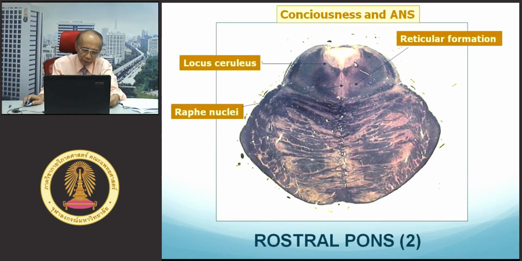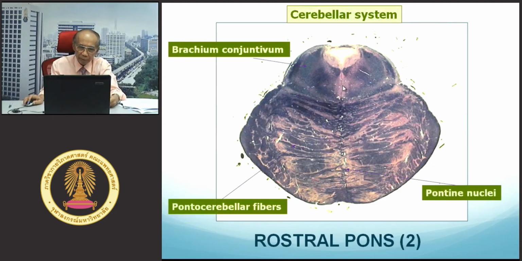The consciousness and autonomic nervous system will include reticular formation, locus coeruleus, and raphe nuclei. The cerebellar system will include brachium conjunctivum, pontocerebellar fiber, and pontine nuclei.